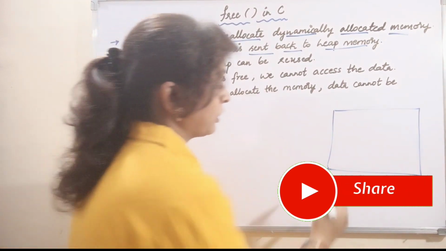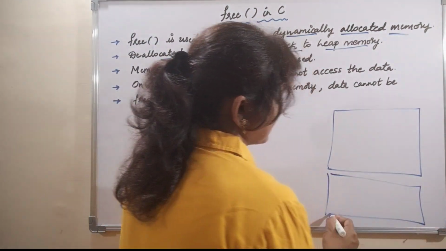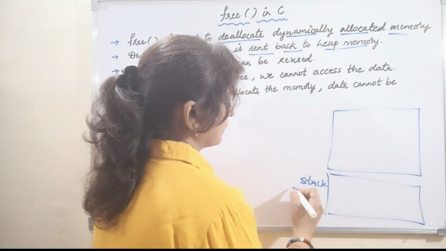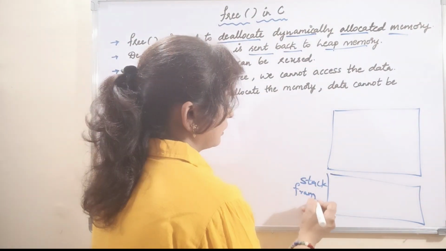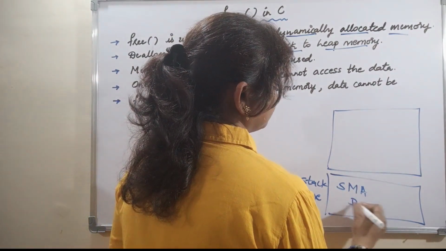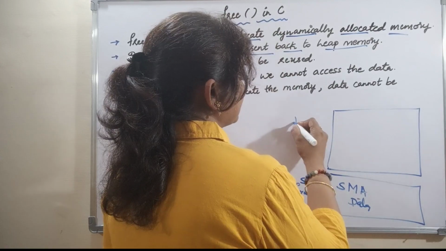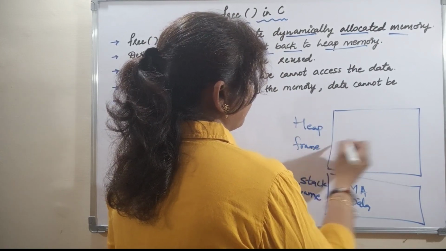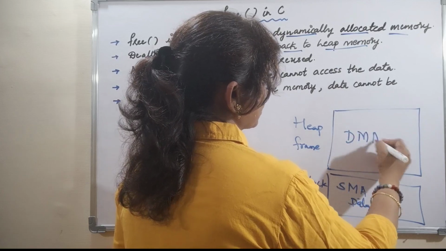I have told all these things in the previous programs. So in the stack frame we have static memory allocation data, whereas in the heap frame we have dynamic memory allocation data.